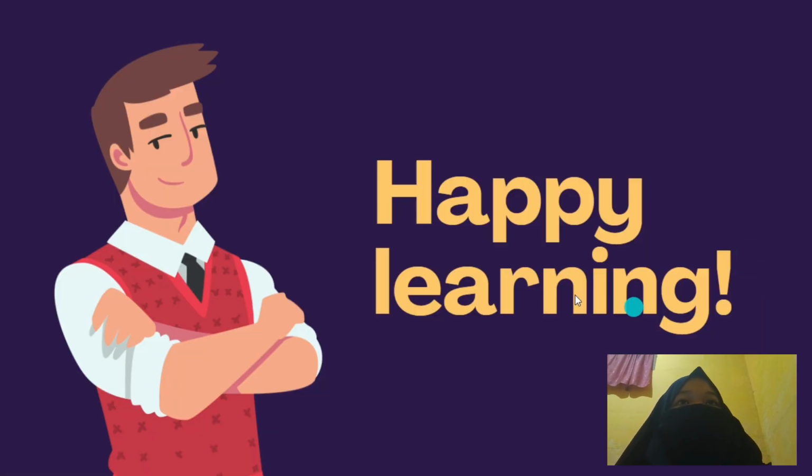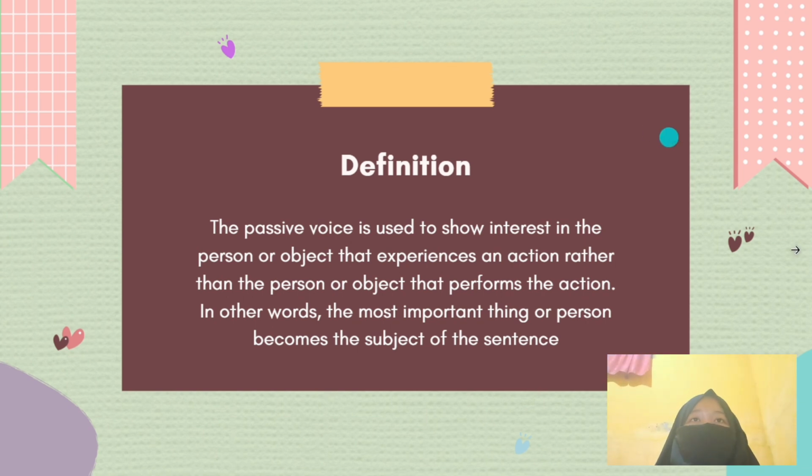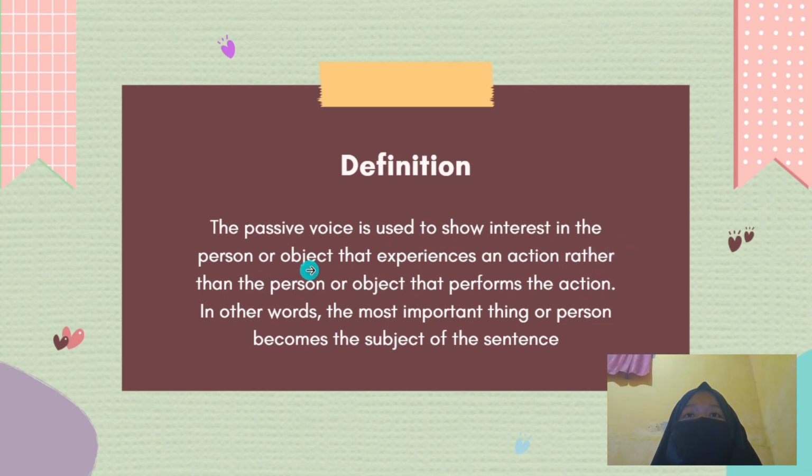Okay guys, so the passive. The definition: the passive is used to show interest in the person or object that experiences an action rather than the person or object that performs the action.